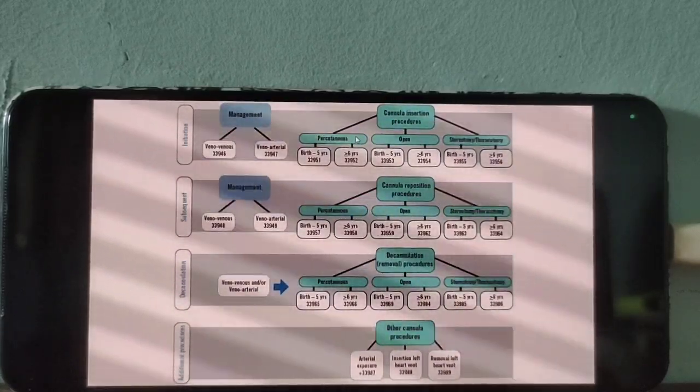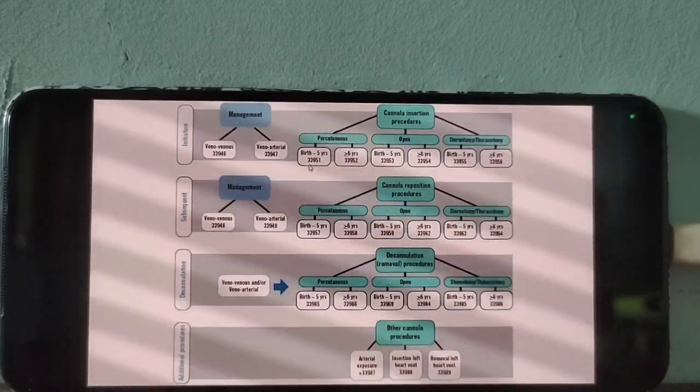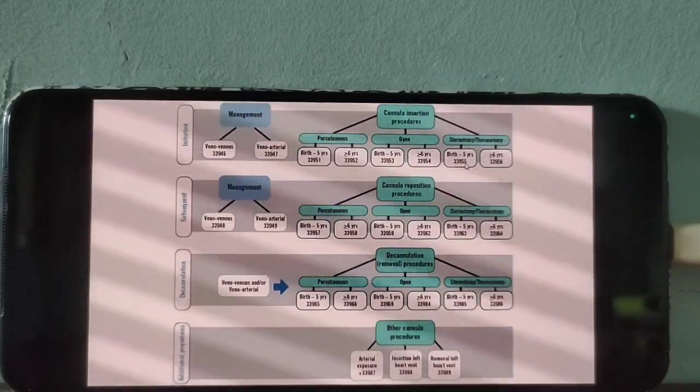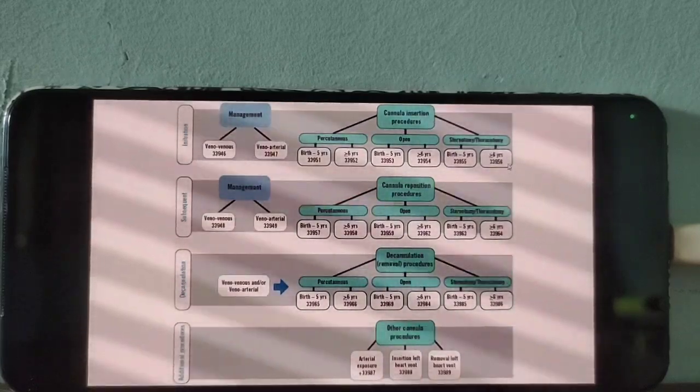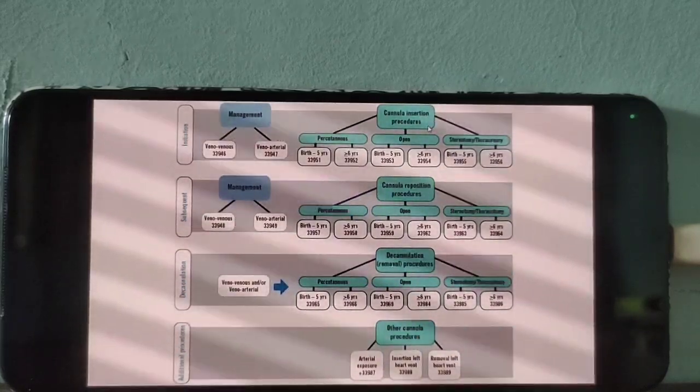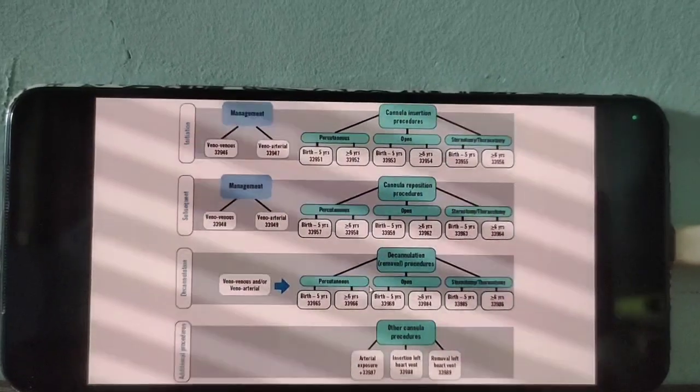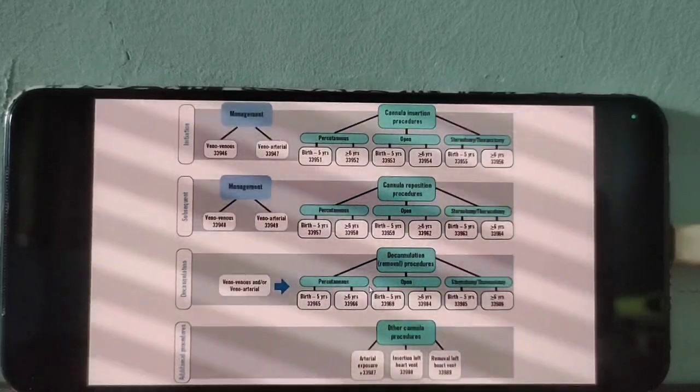Cannula insertion procedure, percutaneous, birth through 5 years, 33951, 33952. Open approach, birth through 5 years, 33953 and 33954. Sternotomy or thoracotomy, which is like an open surgery, 33955 and 33956. So for inserting the catheter, select the appropriate code here.